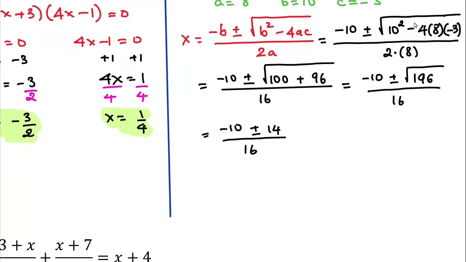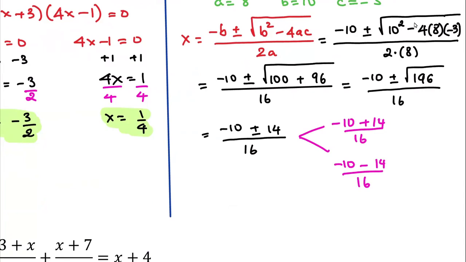Okay, so from here, I can separate that into two different problems to easily simplify. The first one, I have -10 plus 14 divided by 16. And the second one, I have -10 minus 14 divided by 16.